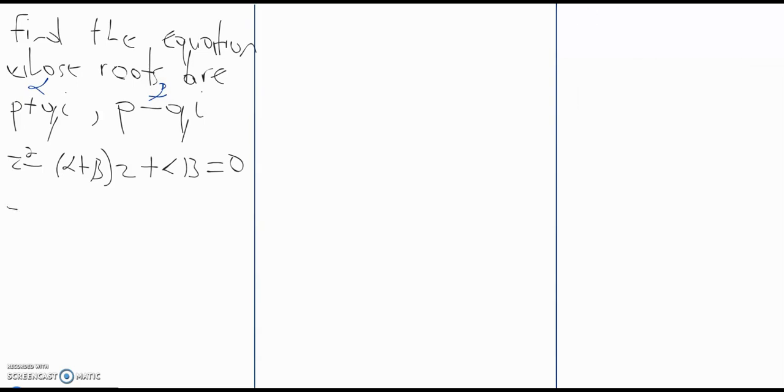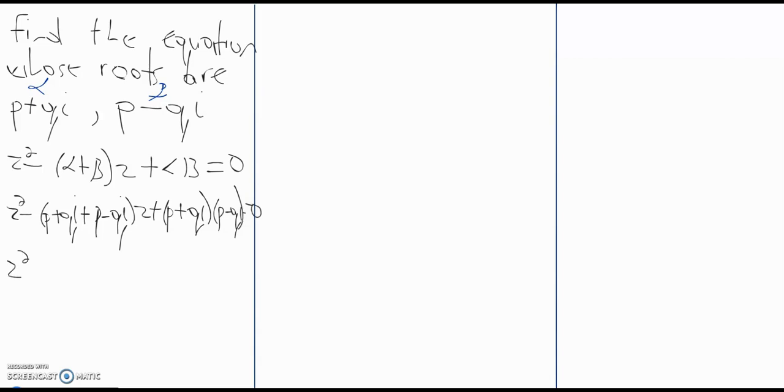So I'm going to have z squared minus, this is p plus qi plus p minus qi, times z plus p plus qi, put that in a bracket there, times p minus qi, and all this is equal to 0.